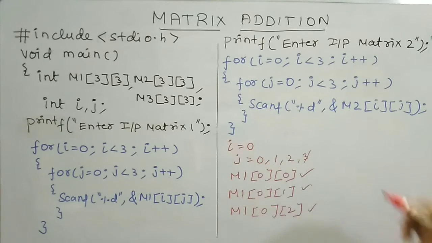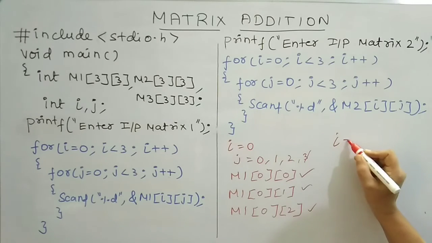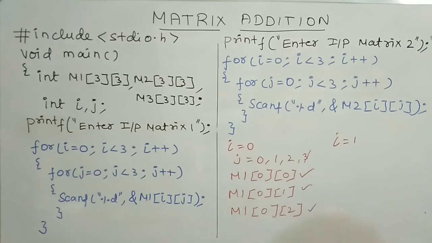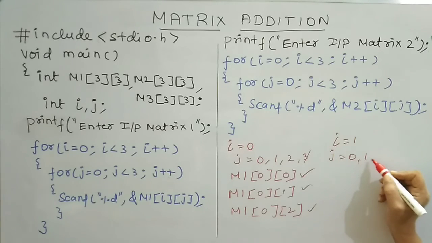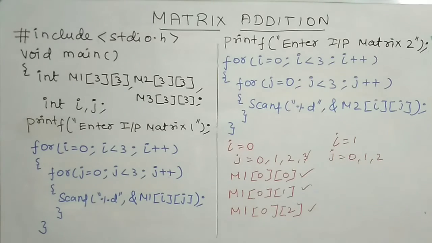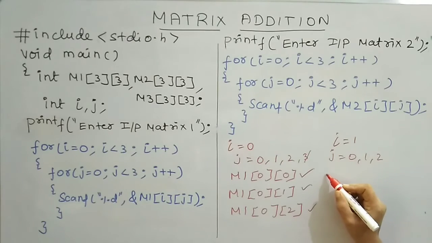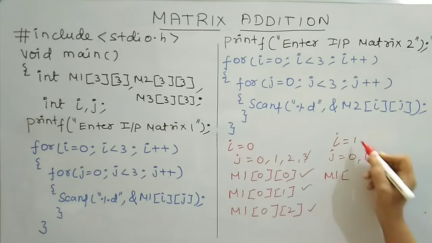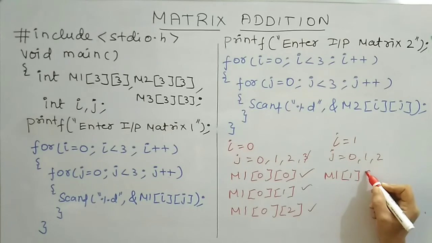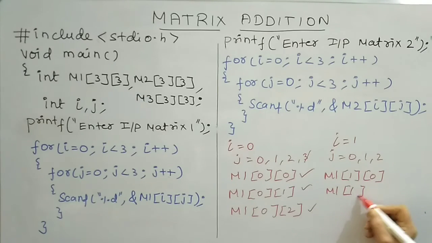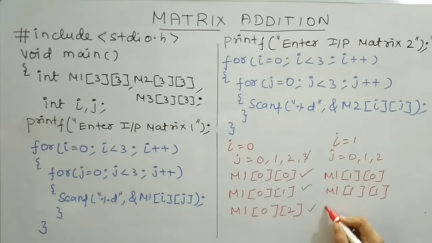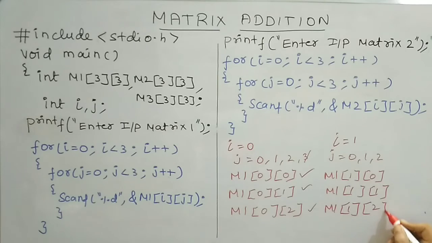Once I get back to the outer for loop, the value of i becomes 1 now. When executing the inner for loop, j takes the values 0, 1 and 2 for the complete execution. So I am getting the values M1 of i comma j, that is M1 of 1 comma 0, M1 of 1 comma 1 and then M1 of 1 comma 2.